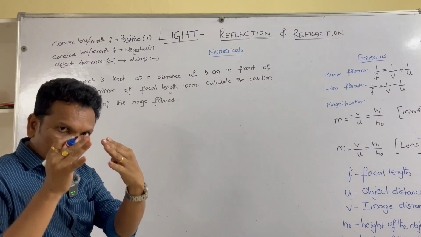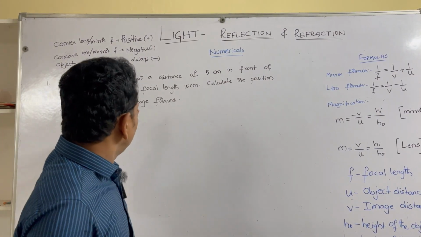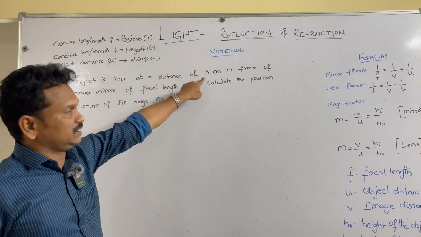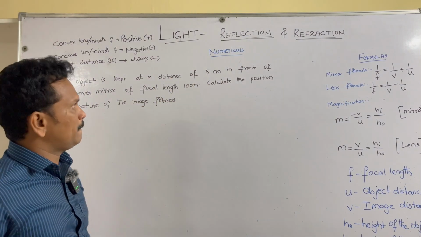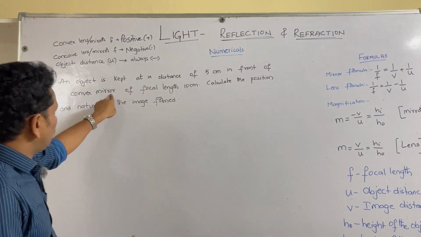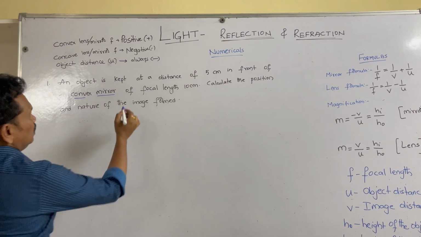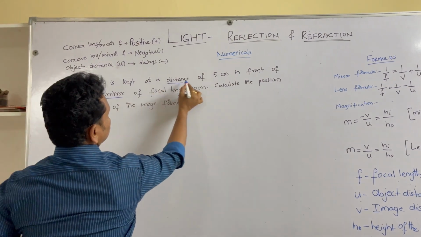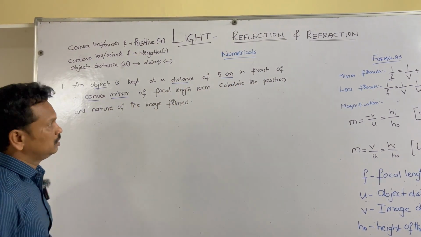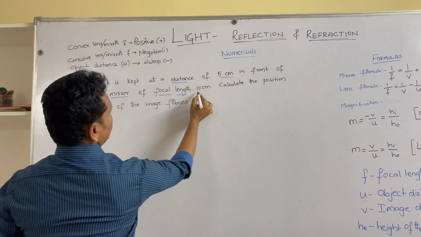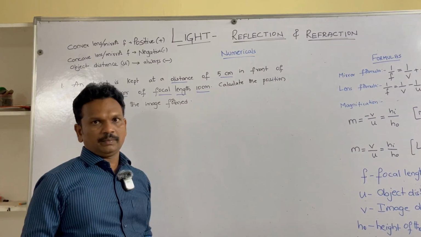First, always write the given data. Here, the object is kept at a distance, so object distance is given. Convex mirror, these are the keywords. The mirror is a convex mirror, the object distance is 5 centimeter, and the focal length is 10 centimeters.